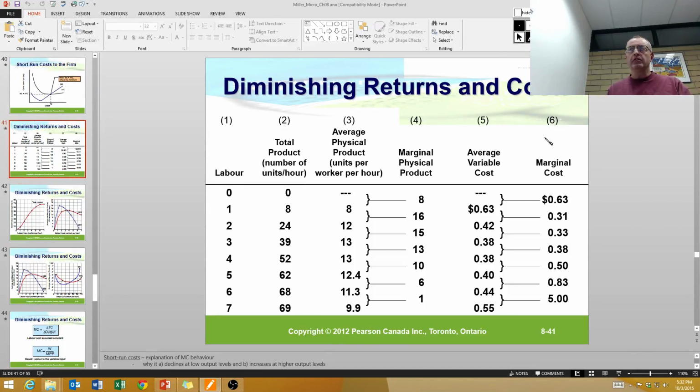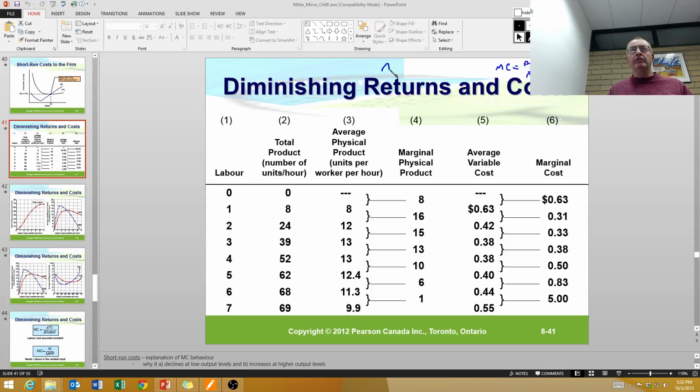So for the marginal cost calculation, it's marginal cost equals the per unit input cost divided by marginal physical product.